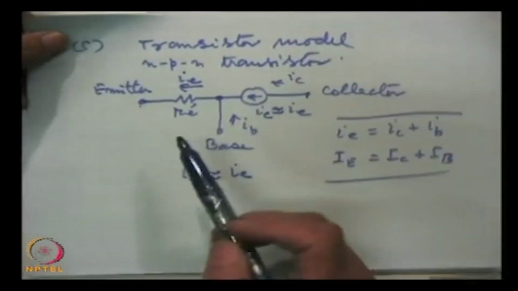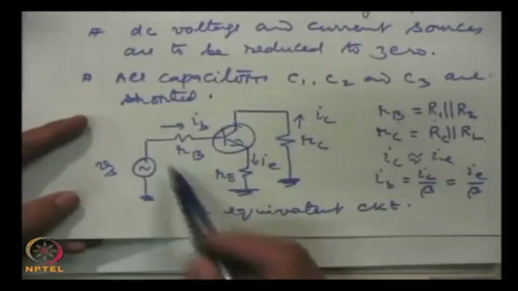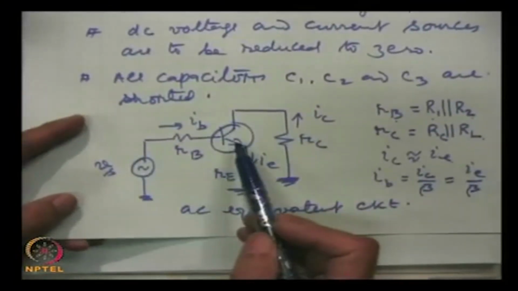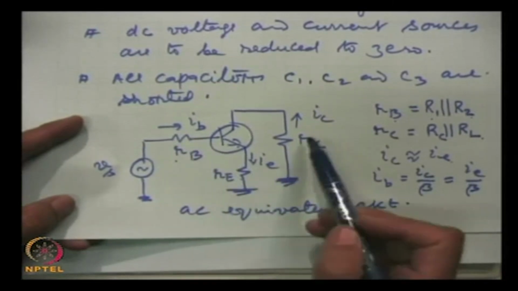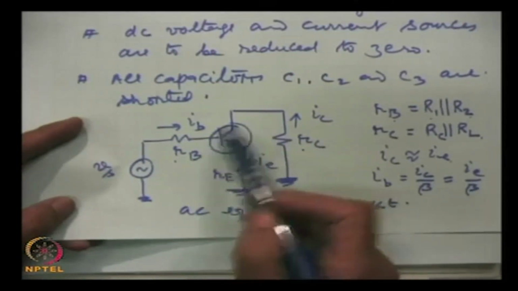This we arrived at when we discussed the transistors. So, now we replace this transistor in this AC equivalent circuit; we will keep RB, we will keep RE, we will keep RC, and this transistor we replace by that model. Then what we get is this.